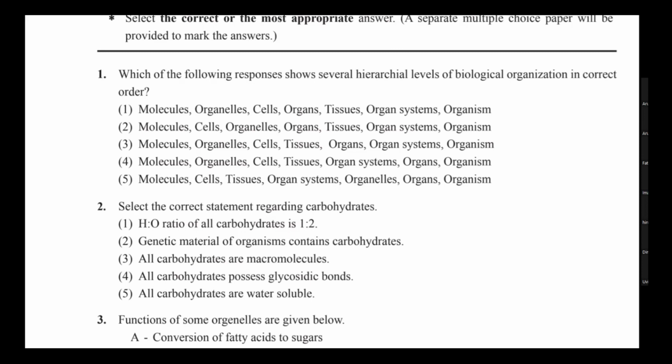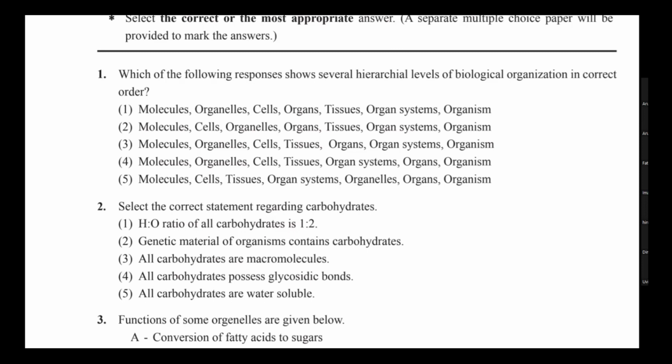Here, all carbohydrates are macromolecules. But in disaccharide, there are only 2 monosaccharide units, so they are not polymers. Only polysaccharides are considered as polymers. So in carbohydrates, only polysaccharides are considered as macromolecules, not all carbohydrates.